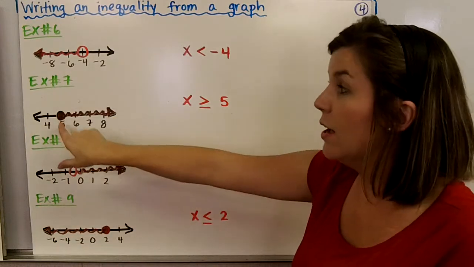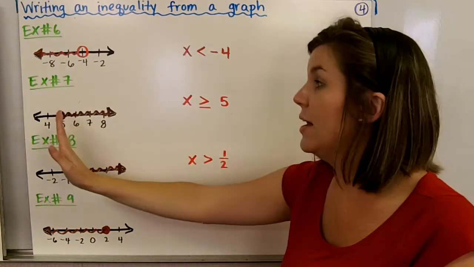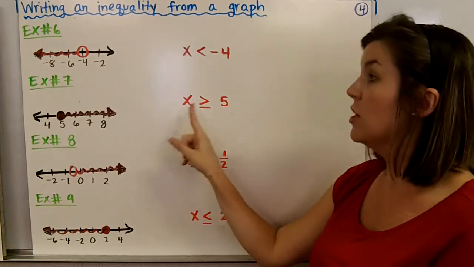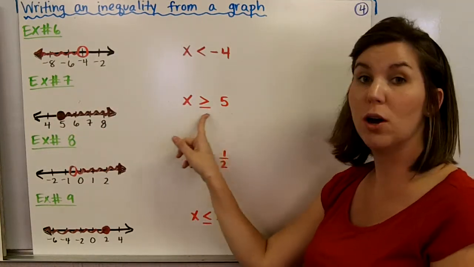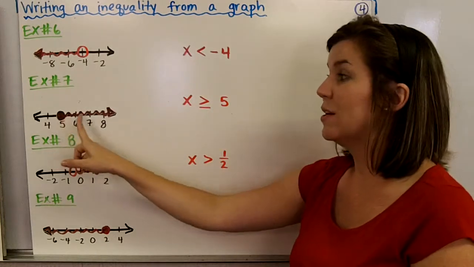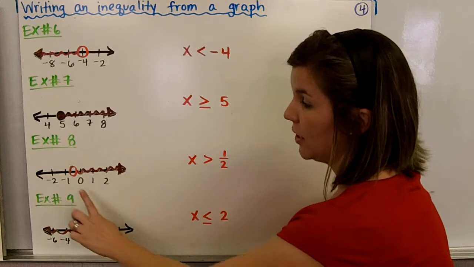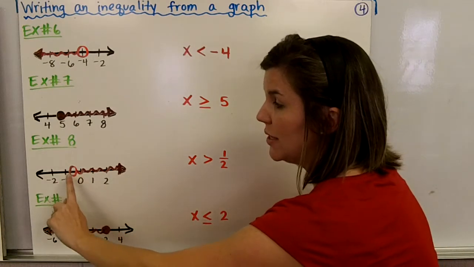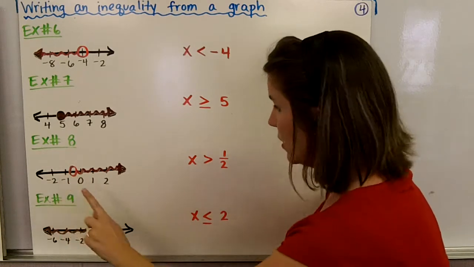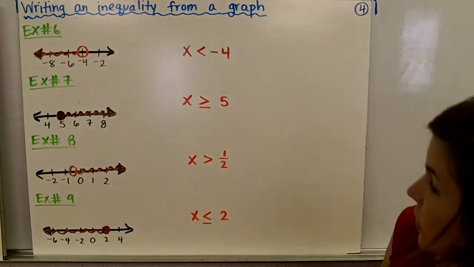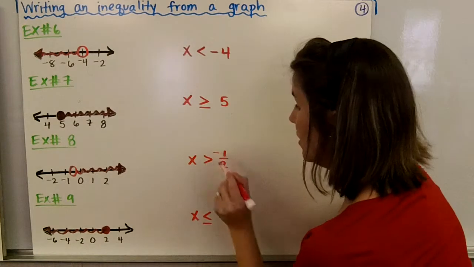Example number 7. 5 has a closed circle, and everything bigger than or greater than 5 has been shaded. So closed circle means I'm going to have the bar underneath. Greater than, because the numbers bigger than 5 are shaded. Example number 8. Here, about halfway between 0 and -1 is -1/2.